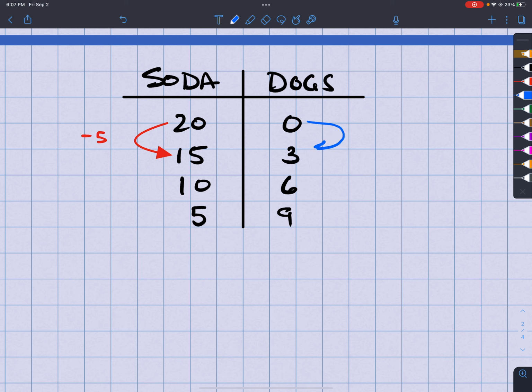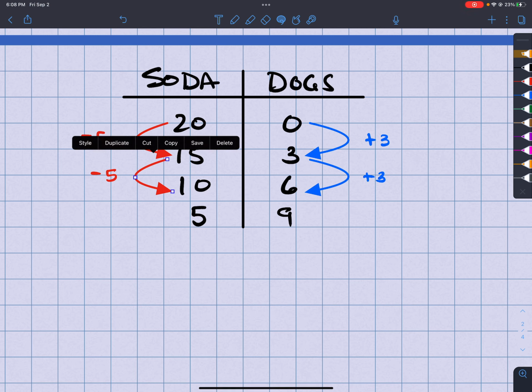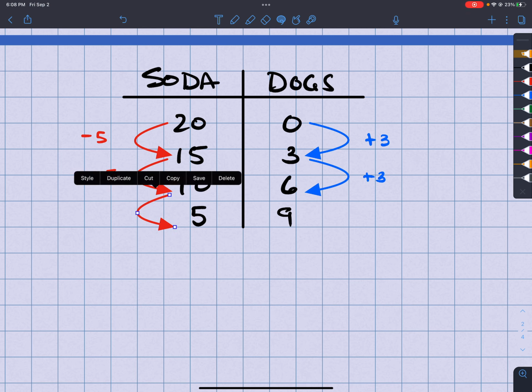It goes up 3. And we can do this again and say, okay, does this go down by 5 as well? And does this go up by 3 as well, right? So you notice that it constantly does that.